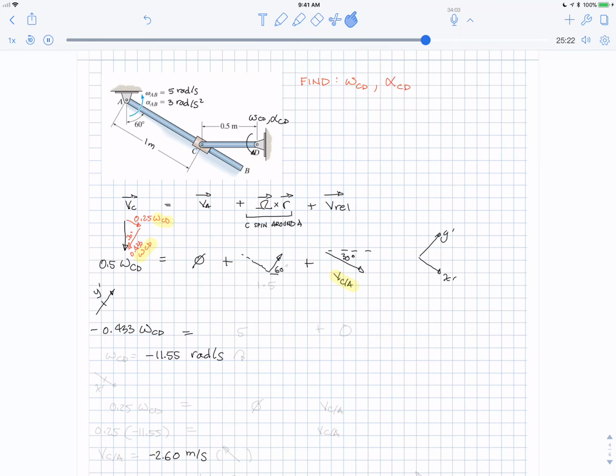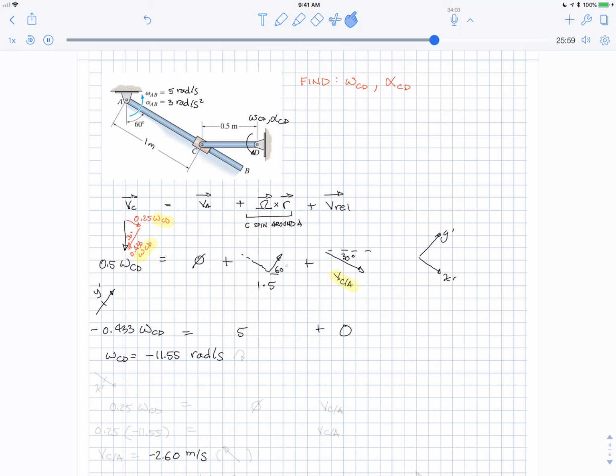C spinning around A is going in the right direction, and I somehow erased what the value was. It was omega of 5 and an R of 1, so it's 1 times 5, which equals 5 going in that direction, and this doesn't have a component. So we can solve for omega CD right away.